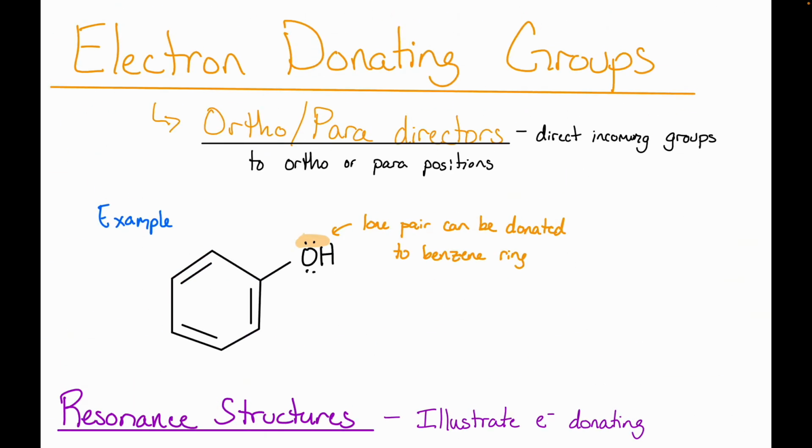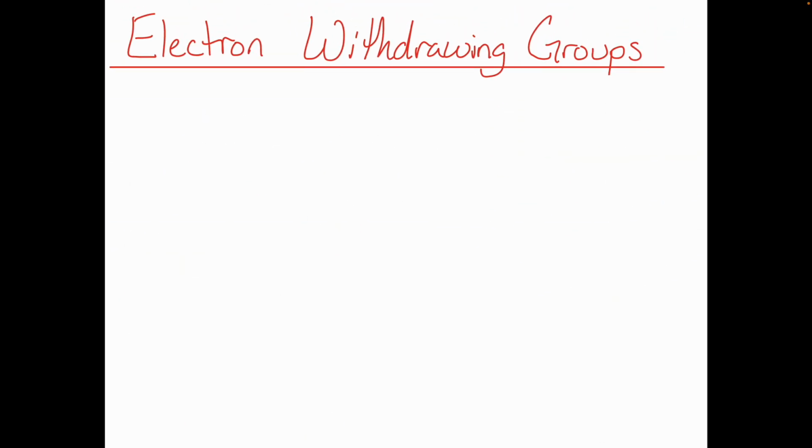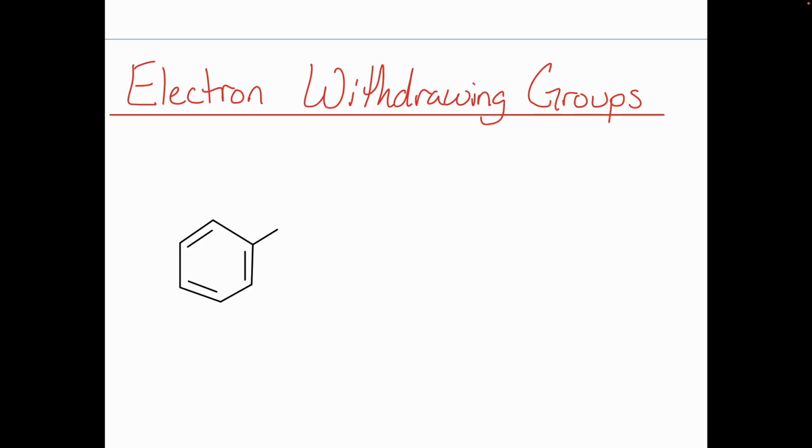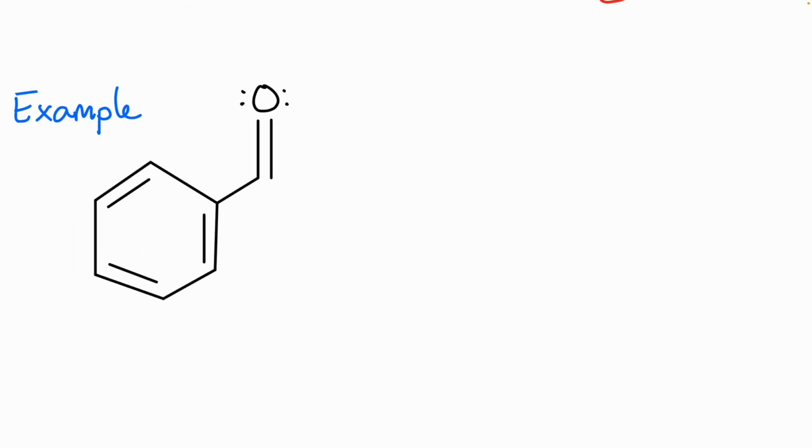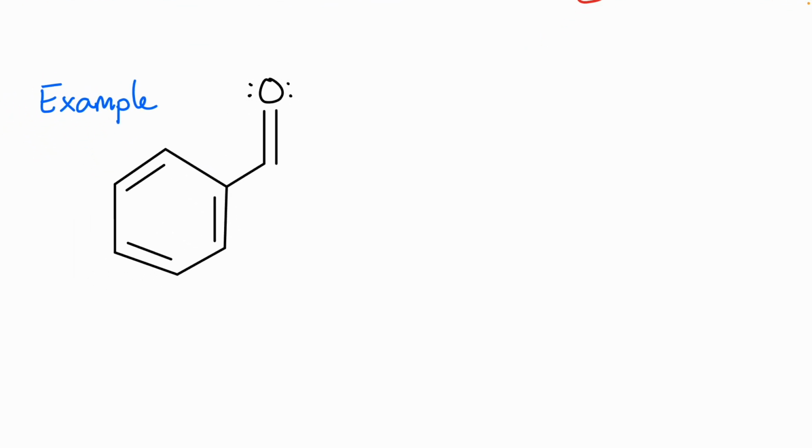All right, so an example of an electron withdrawing group is benzaldehyde. Got that carbonyl group right next to the ring. All right, and what we're going to see is that carbonyl group is going to, instead of add, withdraw or pull electron density from that ring.